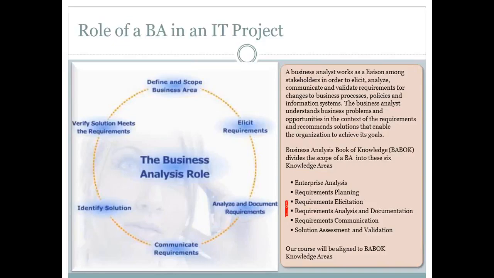Once you capture all these requirements, they get into a document called a BRD, the business requirements document. This is one of the most important deliverables coming out of a business analyst. You pretty much own this document.